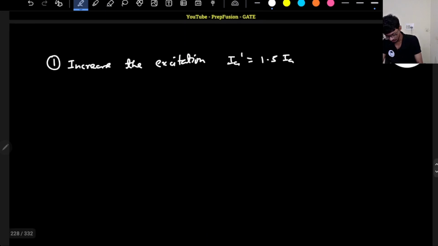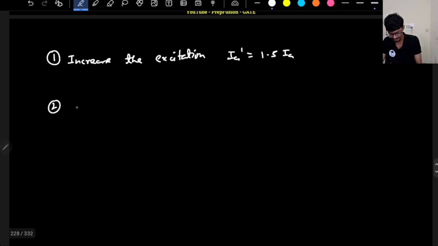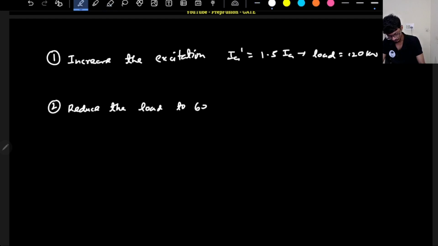Then secondly, what they're doing is reduce the load to here, right? Here the load is still constant, that is 120 kilowatt. Reduce the load to 60 kilowatt.